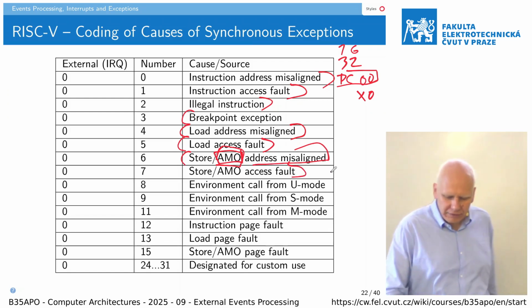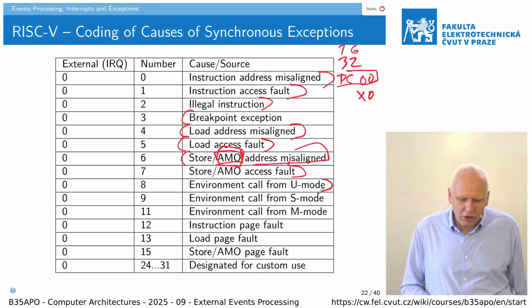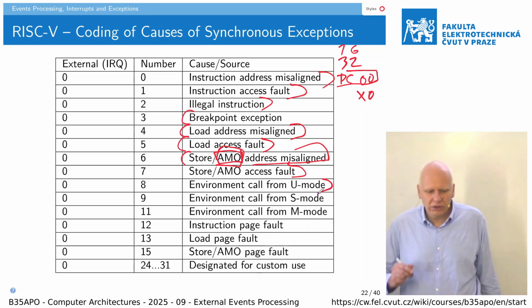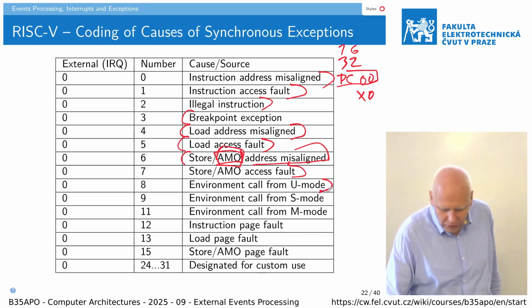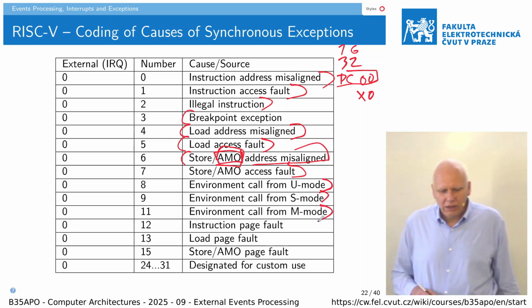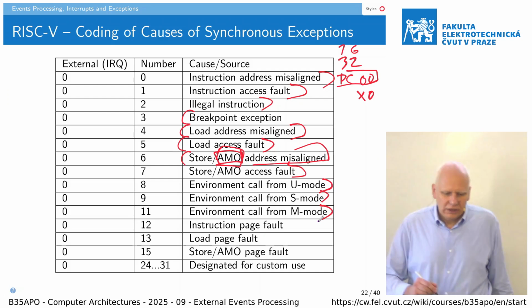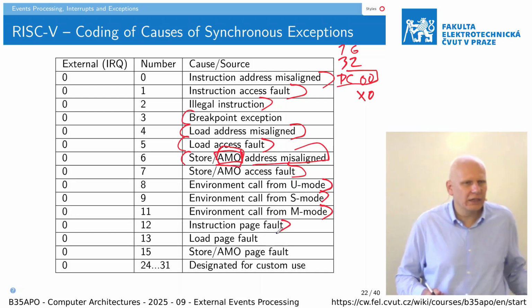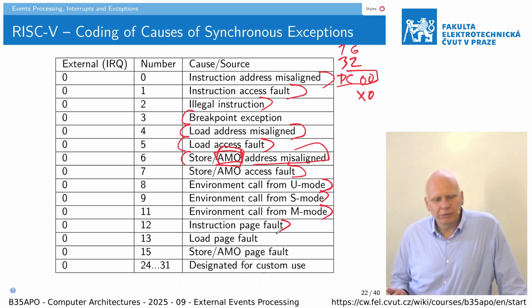Then we can find if the ecall, that request to call the operating system, occurred in the user mode, system mode, or if it occurred in the machine mode. Then we have the instruction page fault. So basically we are trying to fetch an instruction from a page which has been marked as not present.